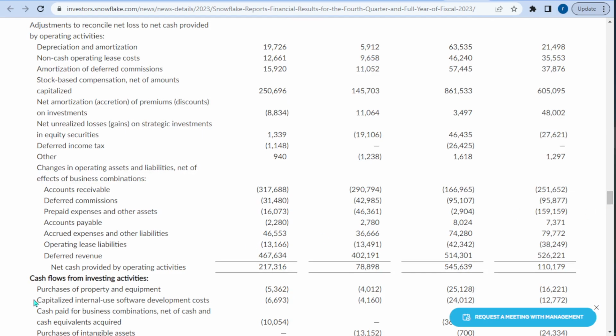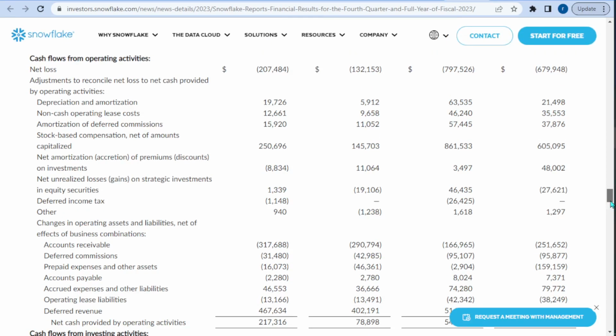If we keep going down the line, we see net cash provided by operating activities, $217 million. So here we go from negative $207.5 million, looking at a generally accepted accounting principles standpoint, to $217.3 million, looking at a non-GAAP cash basis accounting right here.